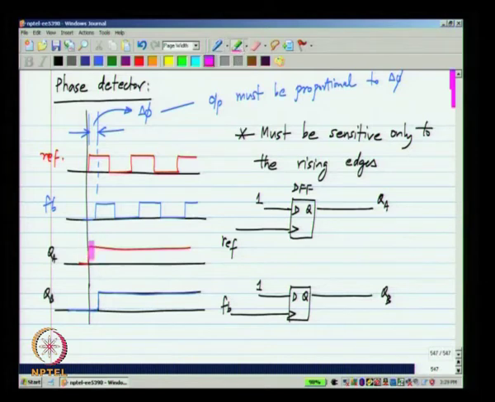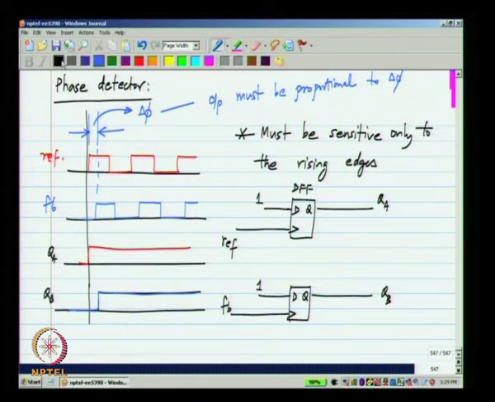Now, we would like the output to be proportional to the difference between these two, and also more importantly we can't leave the outputs like this. In the next period we should be able to again detect the phase. So, what we should do is to reset the flip flops so that QA and QB go to 0 before the next period, so that you can start off all over again.